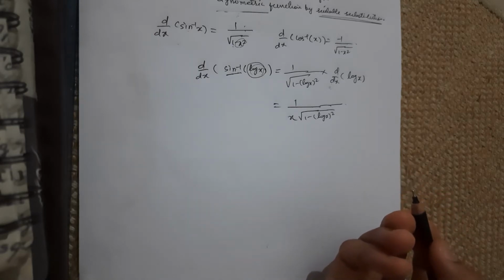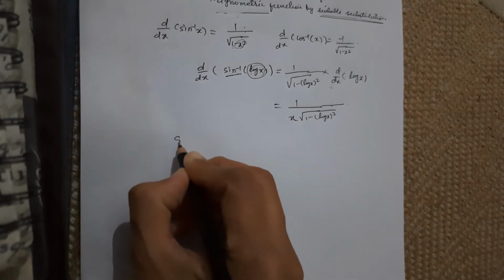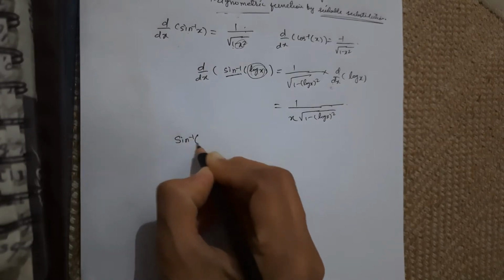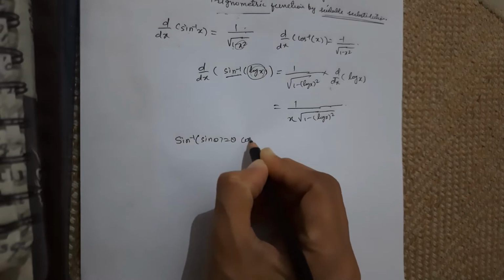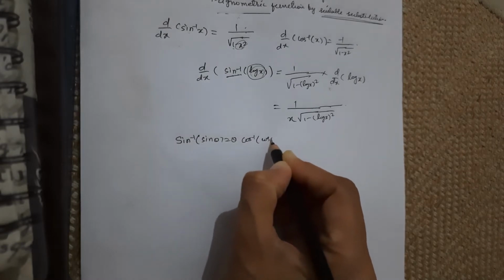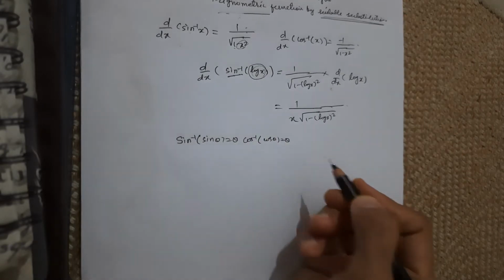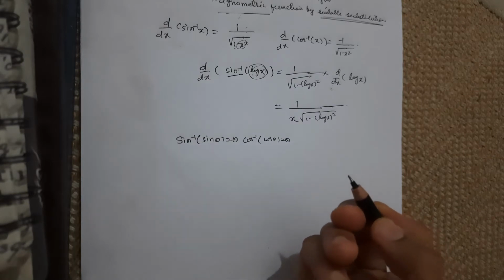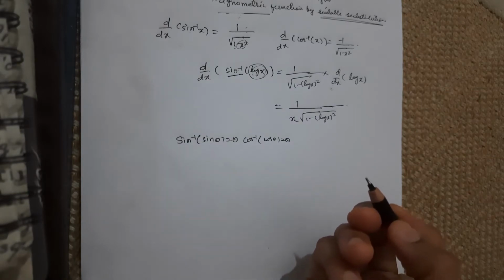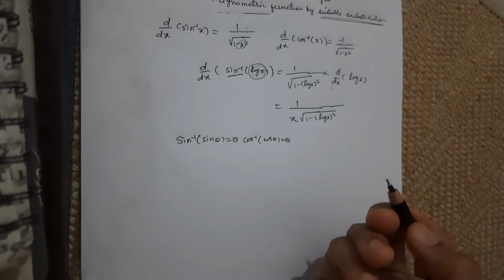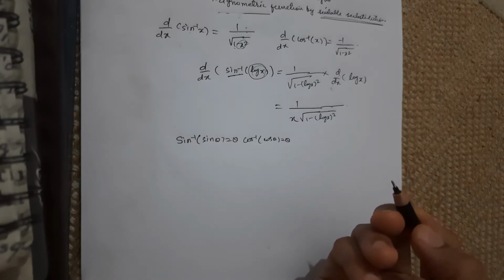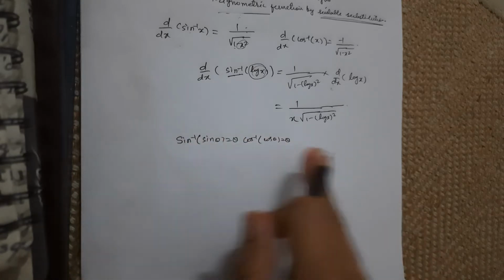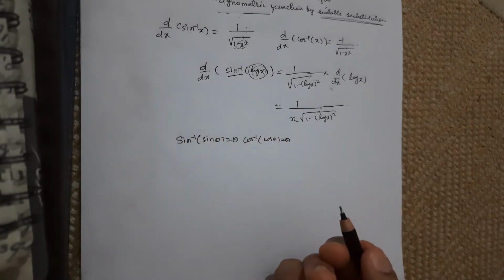We know some inverse trigonometry formulas, that sine inverse of sine theta is equal to theta, or cos inverse of cos theta is equal to theta. These kinds of formulas we already know. If you don't remember them, just go to our lecture series named trigonometry, where we have learned all these formulas.